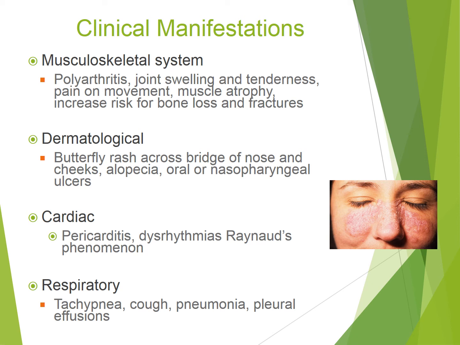So GI, and then we go to renal. Okay, I made that big because that's the most common cause of death. So then we go to renal, okay? And what we really want to do with these people with lupus is do something to prevent this, to slow the progression, okay?